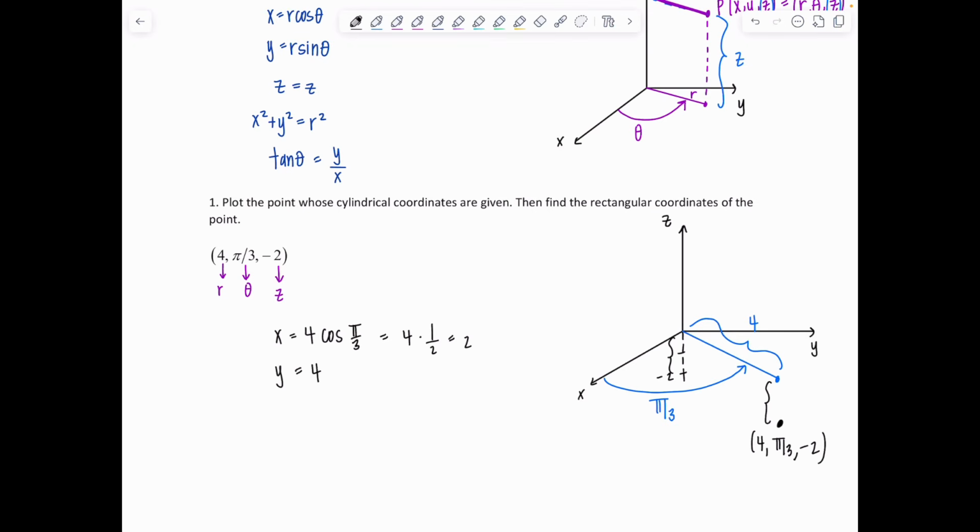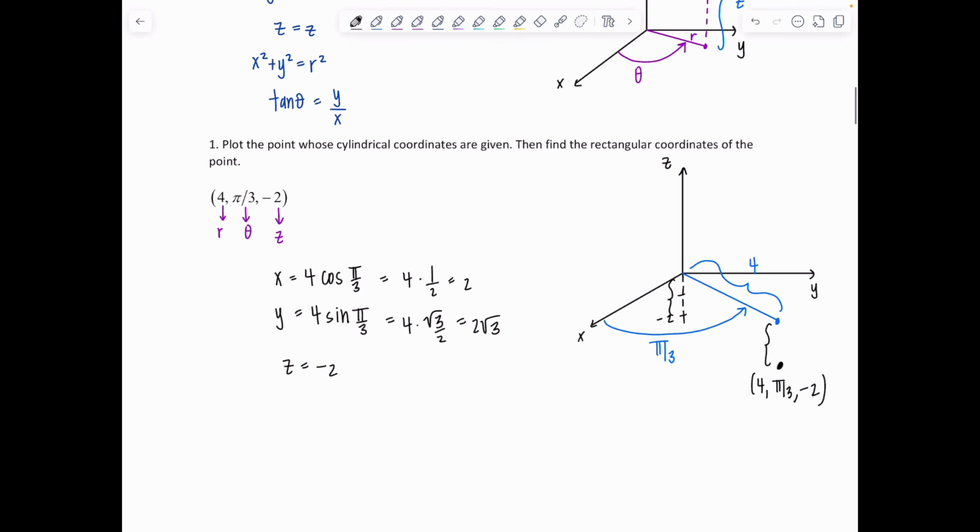Y is 4 sine pi over 3, so that's 4 times rad 3 over 2, so that's 2 rad 3, and then z is the same. Z is just negative 2. So in rectangular coordinates, this is 2, 2 rad 3, negative 2. Voila. How was that? Okay, relaxing.